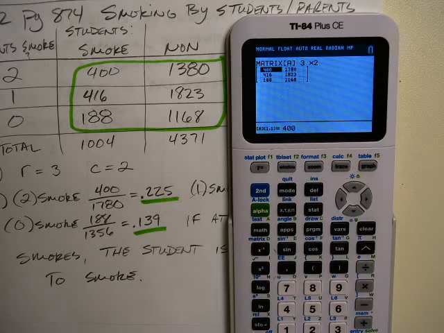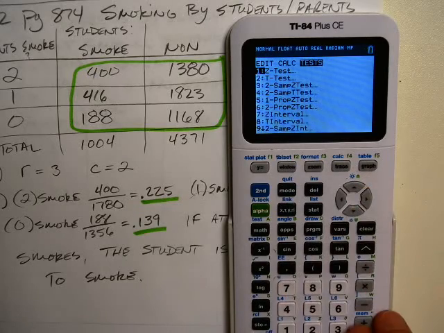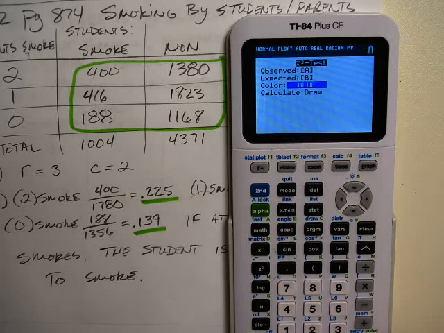The calculator doesn't automatically make matrix B when you make matrix A. You have to tell it to do the test. So at this point I'm going to go to the test. We want the chi-square test. Matrix A is observed, expected is B. It's going to make that for us.